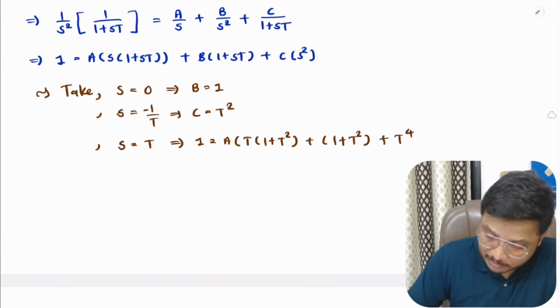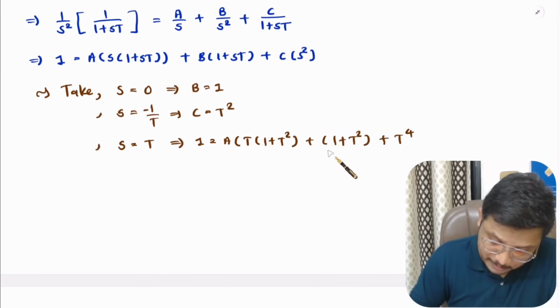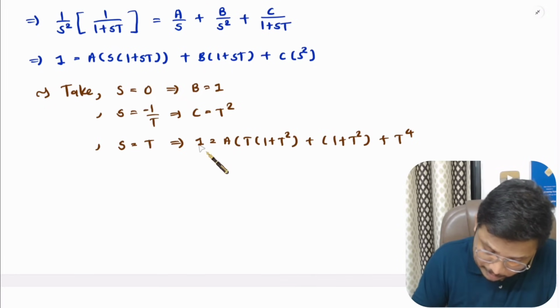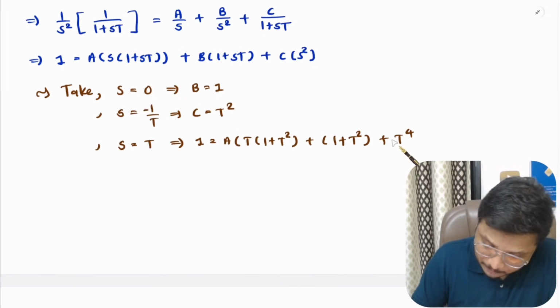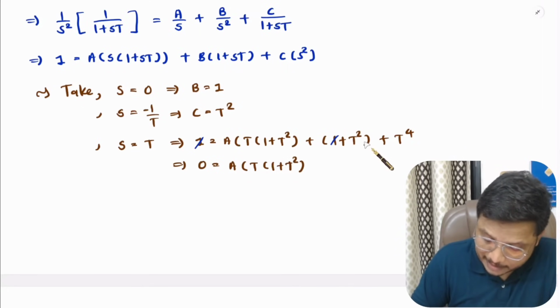Now we need to simplify this further. See, this 1 is equal to this, so you can observe this one and this one get cancelled. So here we will have 0 equal to A into T into 1 plus T square, and here we have T square plus T to the power 4.